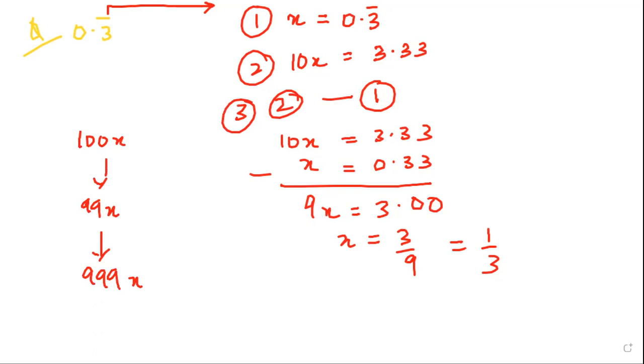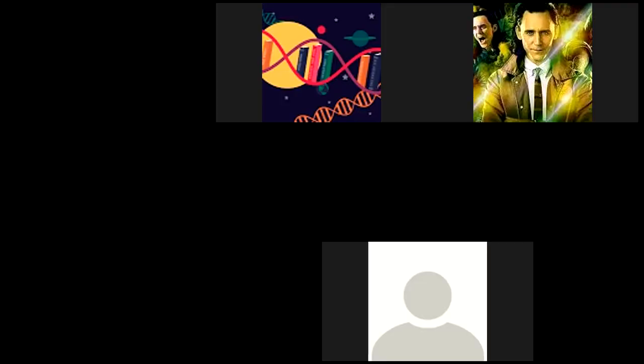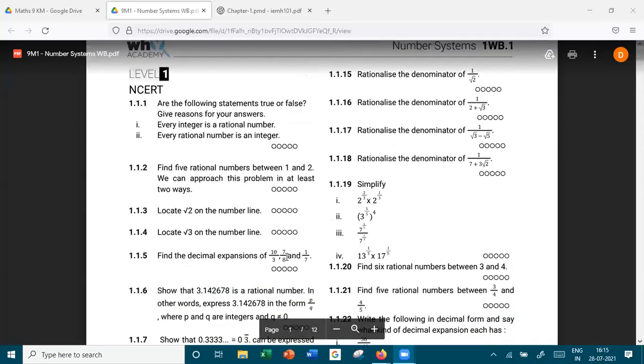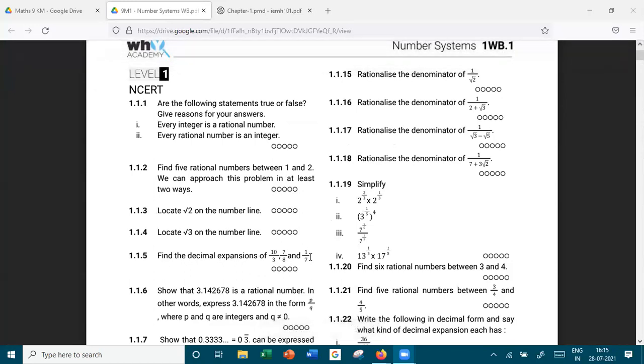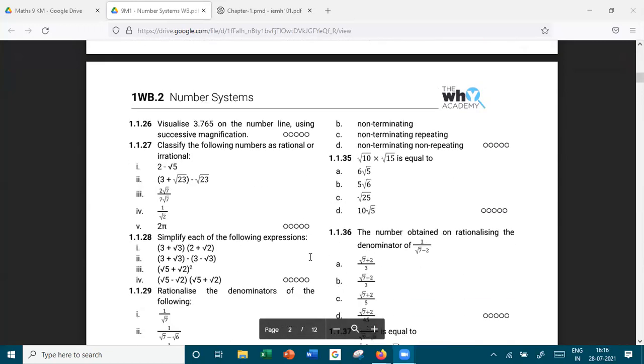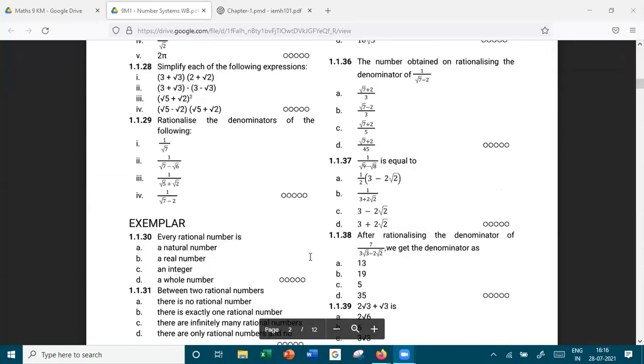Okay, let us go back to the questions. Let me see what else is there. We are left with a lot of things, but for now, I can give you all this as homework. Number line.